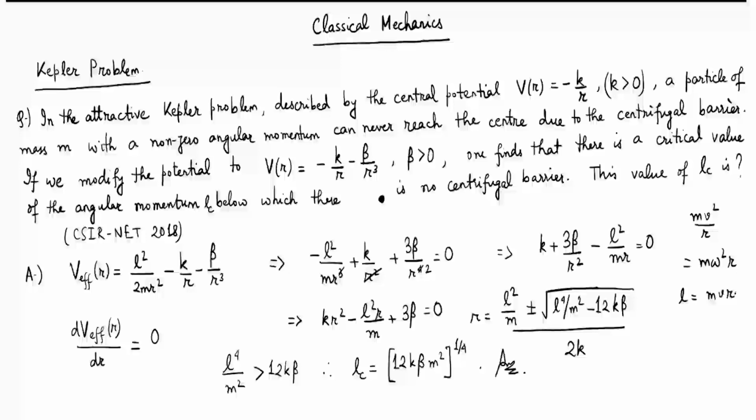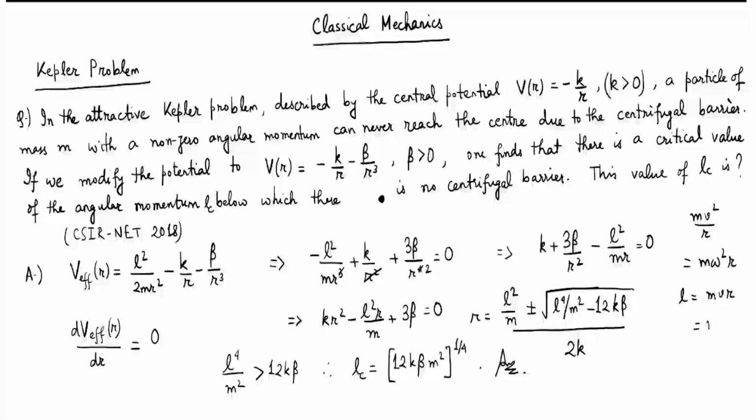Did you get it? So this effective potential is always L square by 2mr square. L is a constant.